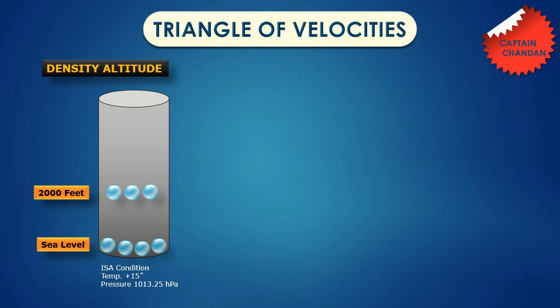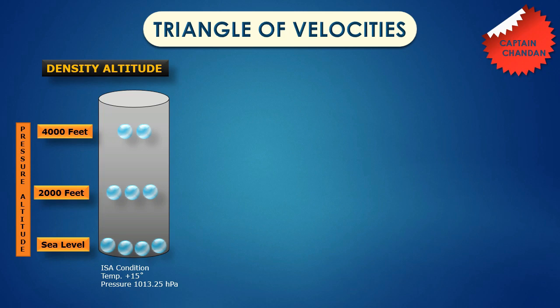At 4000 feet it decreases again, only 2 molecules left. This is the ISA condition. All aircraft performance is calibrated in ISA condition. Now the condition is not always the same. Sometimes the weather is hot, sometimes it is very cold. We'll take the example of temperature plus 30 degrees.